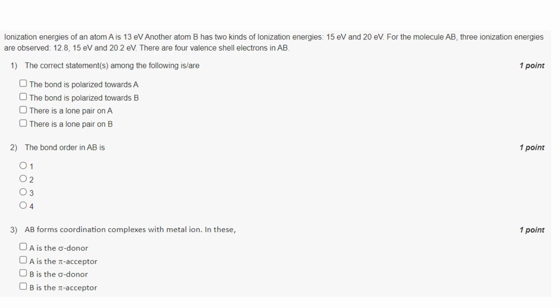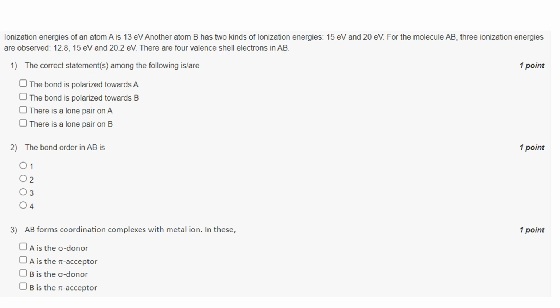The first question is a paragraph kind of question which has three questions. Let us first read it out. The question is based on ionization energy and mostly on MOT, molecular orbital theory. It says that the ionization energy of an atom A is 13 electron volt, and another atom B has two ionization energies, 15 electron volt and 20 electron volt.